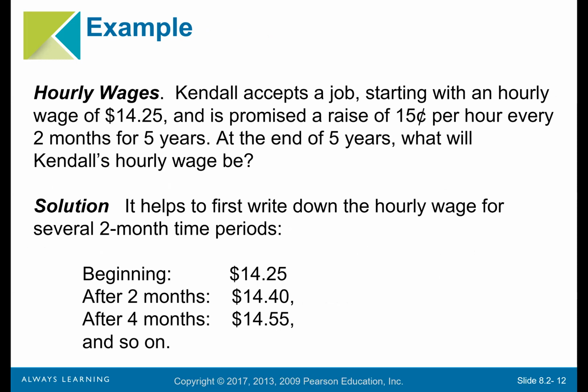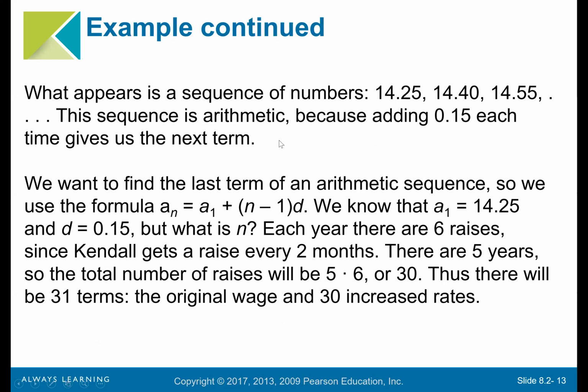Which is how many times a year? 6 times a year. So that would be how many times in 5 years? 30. Right. So each year there's 6 raises, and 5 years, so 30. There'll be 31 terms because we have to include the first term.